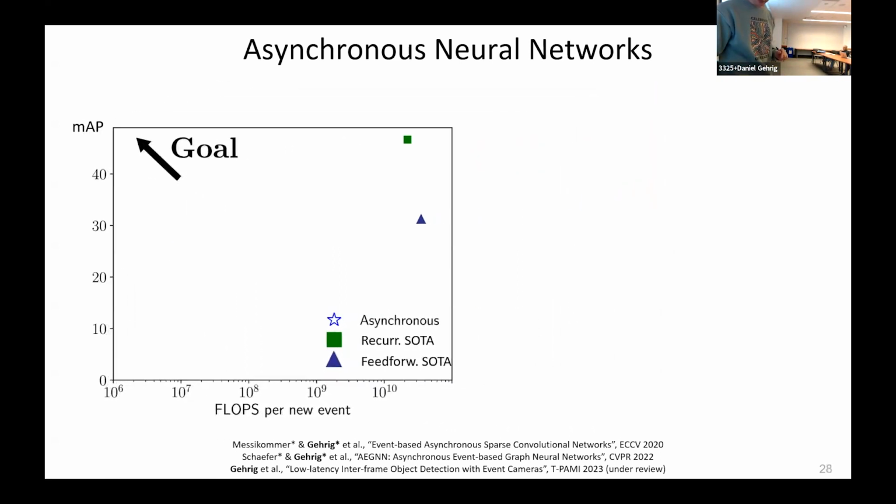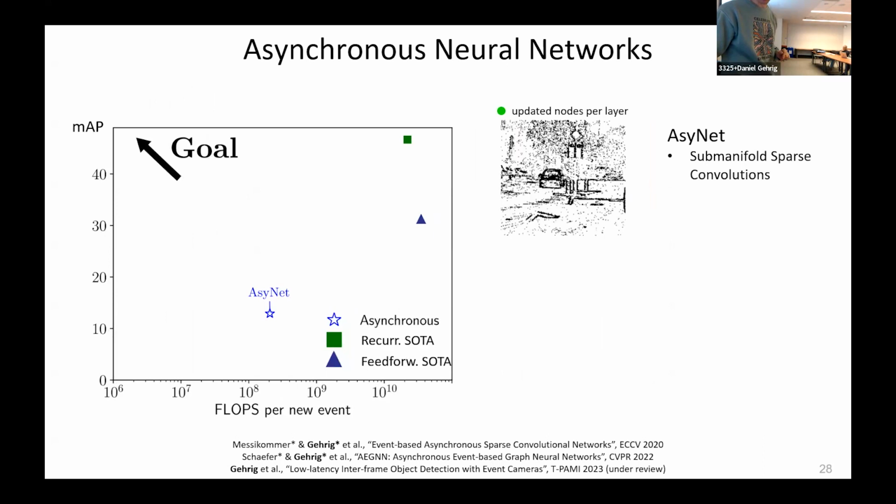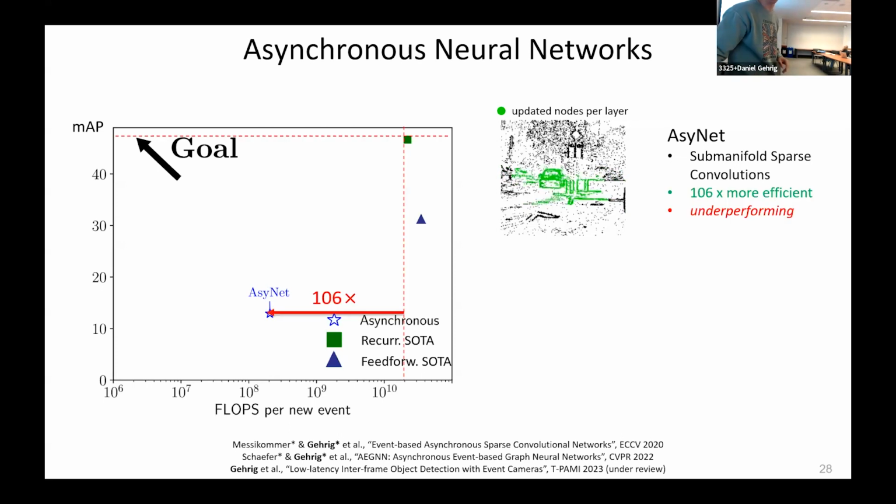So I implemented these asynchronous networks in two instances. One of them is a submanifold convolutional network, which updates only a subset of the nodes, and you can see the subset in green. You see that it's quite a bit more efficient, about over 100 times more efficient, but also because we were using quite shallow networks, they're also quite low in terms of performance.